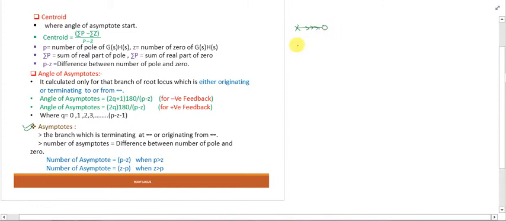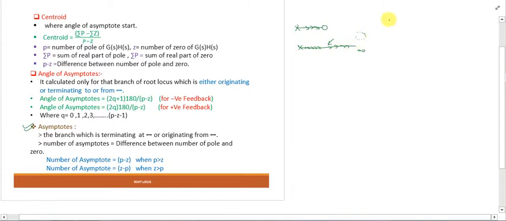But if our roots start from a pole and go like this and terminate at infinity, where there is an imaginary zero, not exactly a zero but an imaginary zero, then this branch is known as an asymptote.